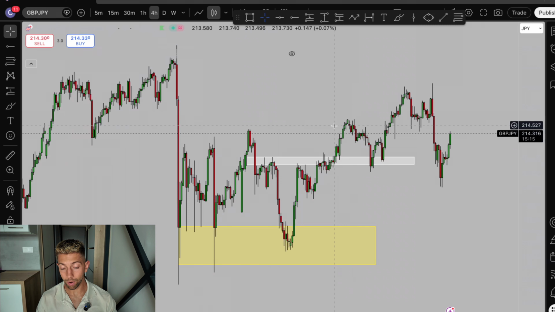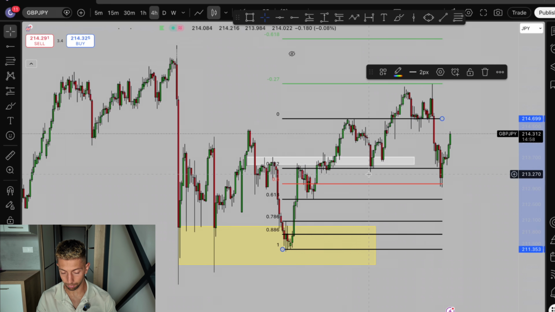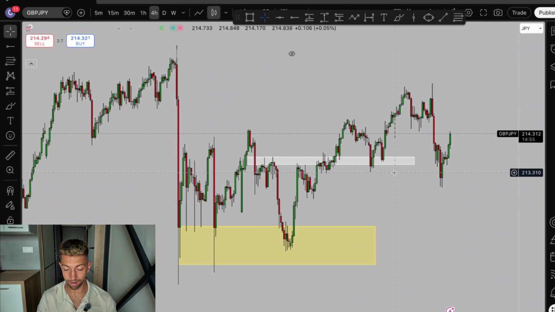What I waited for was price to form a higher high point and break above these highs. Then I needed to wait for price to pull back at least 38.20, or to some area of interest, which is in this case this area. It was also 38.20 on my Fibonacci, which makes this area a valid higher low point for the future push.